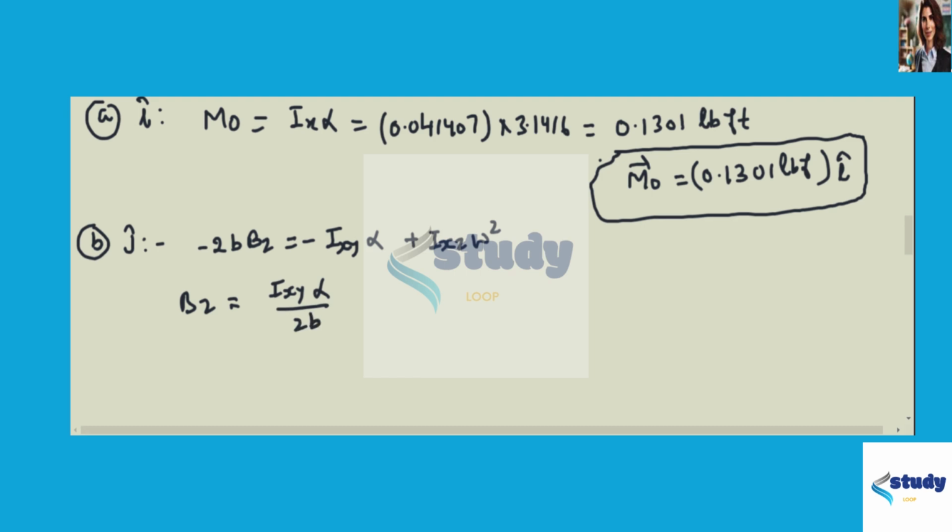Now substitute the value. Ixy having the negative value 0.035147. Alpha is pi, that is 3.1416. This term already becomes 0 because omega is 0.